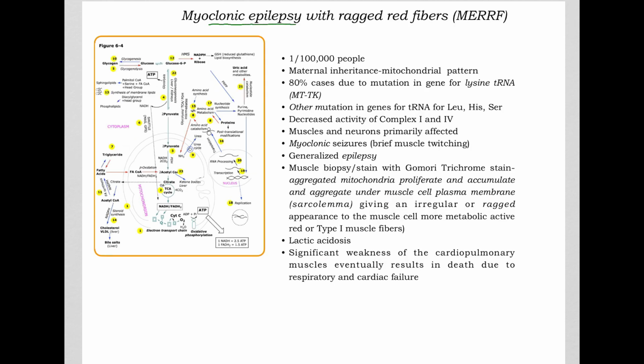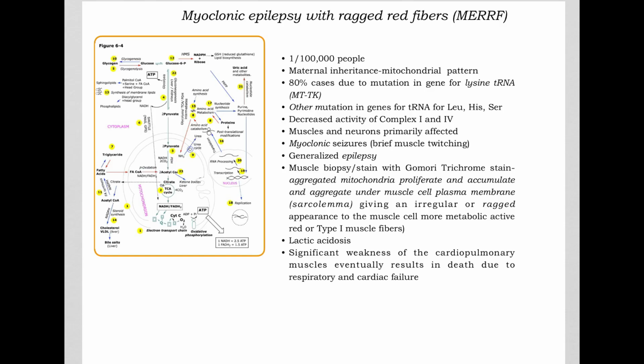Myoclonic epilepsy with ragged red fibers, or MERRF. Incidence is estimated around 1 in 100,000 people. Like LON and MELAS, this is maternal inheritance. That means it's affecting the mitochondrial DNA. Most cases involve a mutation in the mitochondrial gene for lysine tRNA.